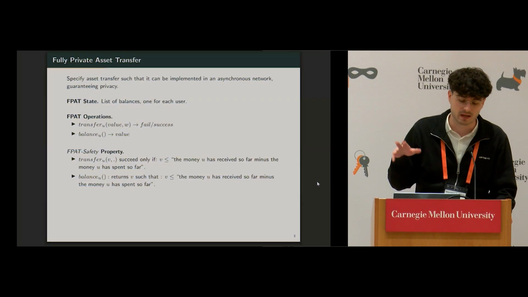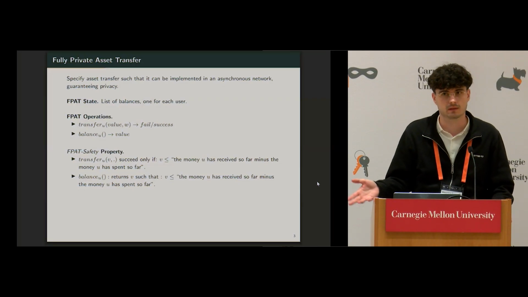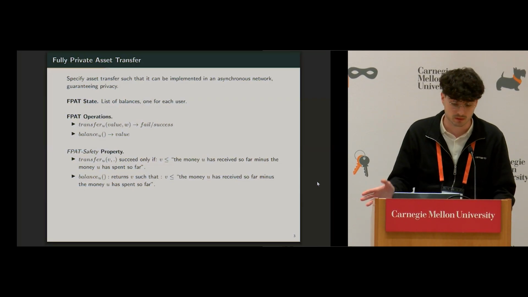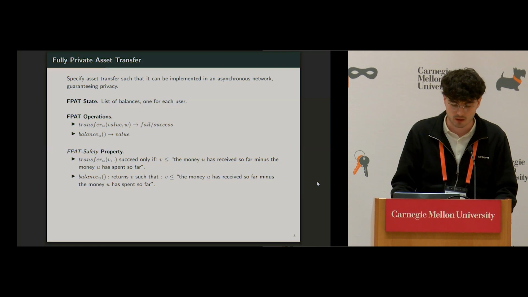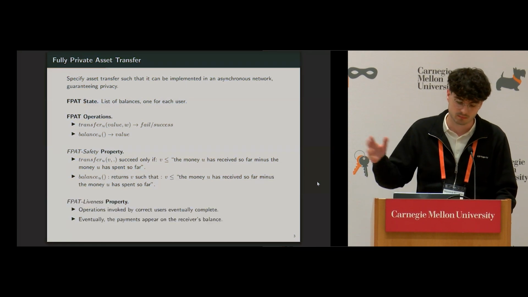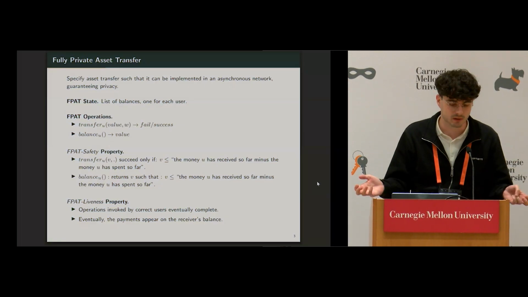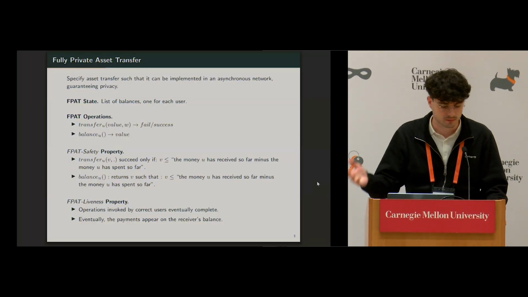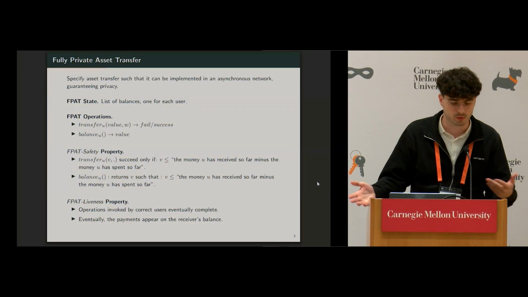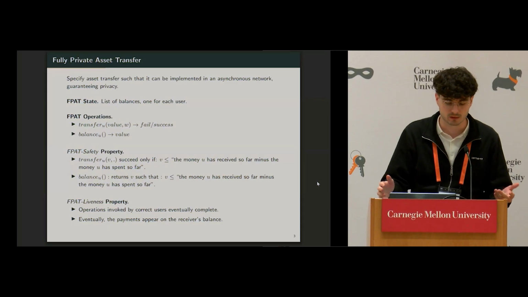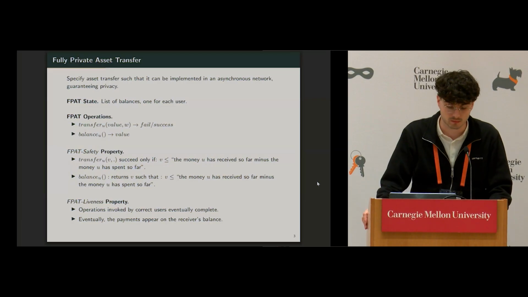Since we are in asynchronous networks, payments can take time to arrive, and that's the reason why we relax this constraint. To compensate, we add as a liveness property that payments eventually arrive, which is again formalized in the paper, because you also have to take into account that some payments may have been made in the meantime.